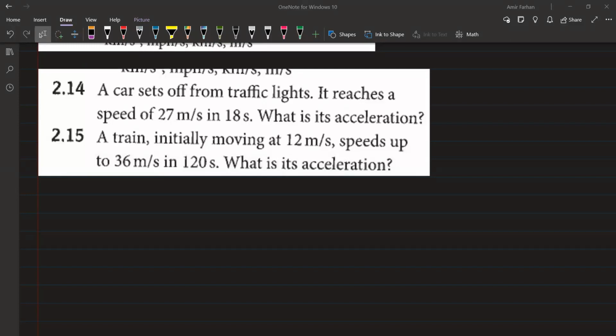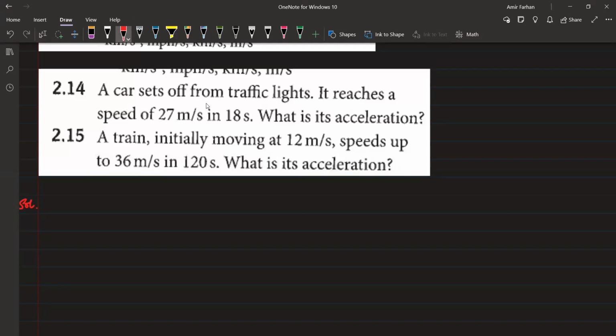So is the acceleration 1.5? Is this the unit of the acceleration here? Meter per second square. Okay.